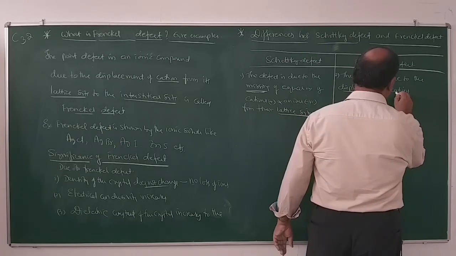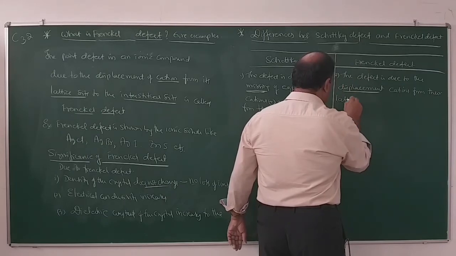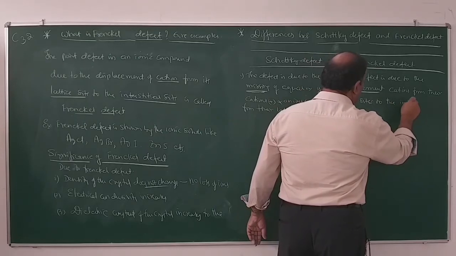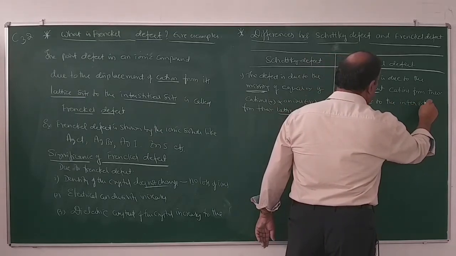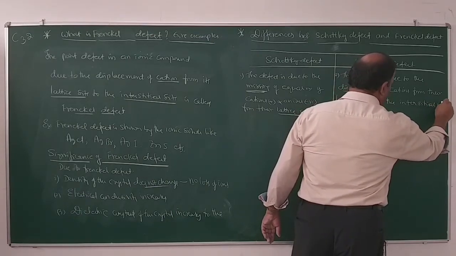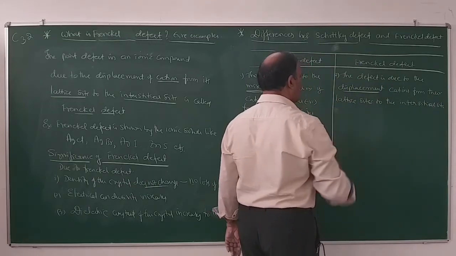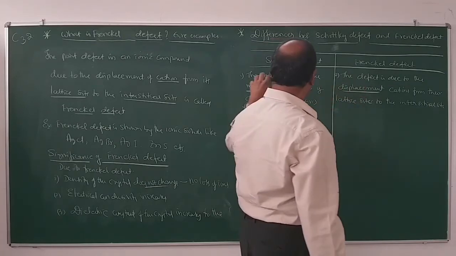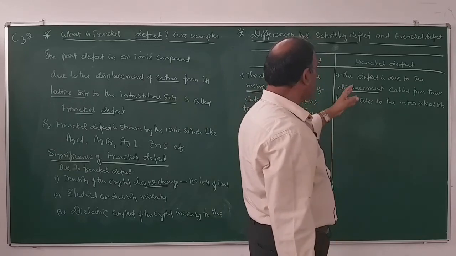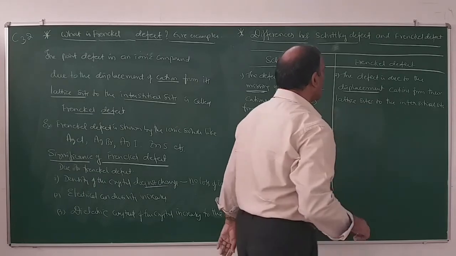Displacement of cations from their lattice sites to the interstitial site. So, missing of equal number of cations and anions causes Schottky defect. Displacement of cations from their lattice site to interstitial site causes Frenkel defect.